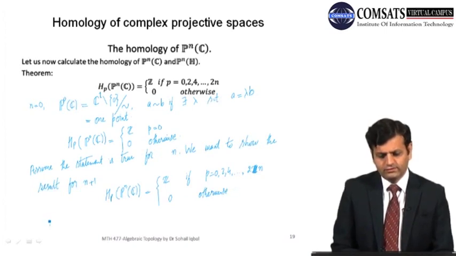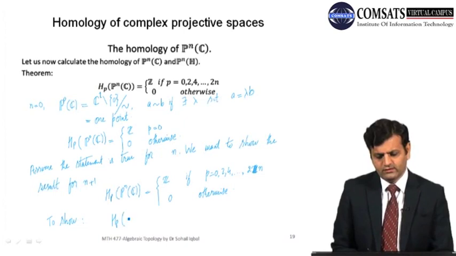And what we want to show is that Hp of Pn+1C is equal to Z if p is equal to 0, 2, and so on up to 2n plus 2, and this is 0 otherwise.